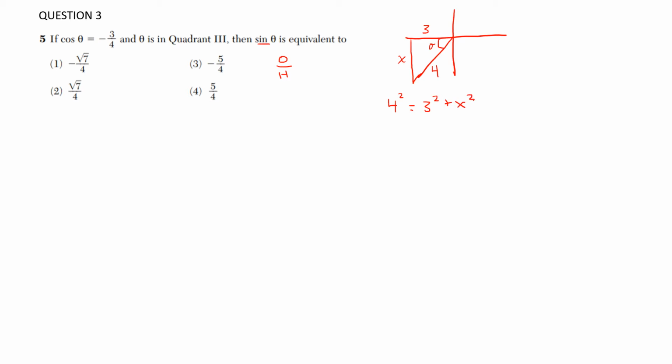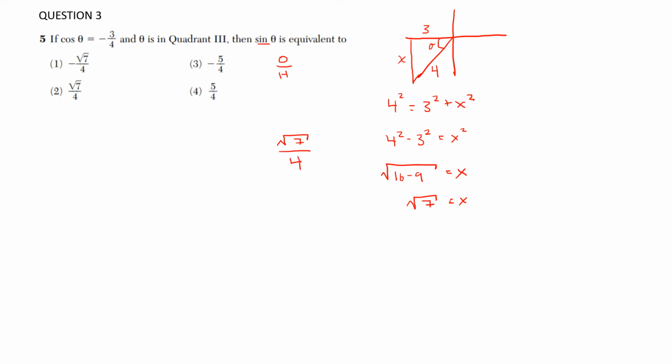To solve for x, we can do 4 squared minus 3 squared equals x squared, and taking the square root of both sides, we can get, 4 squared is 16, 16 minus 9 is 7, so radical 7 equals x. So that's our opposite value. We can simply plug it in here. So sine would be equal to radical 7 over the hypotenuse, which is 4.